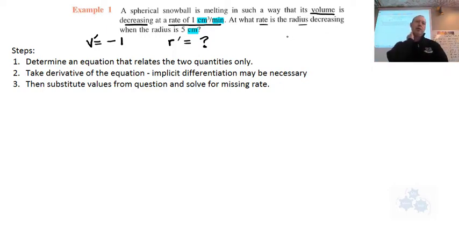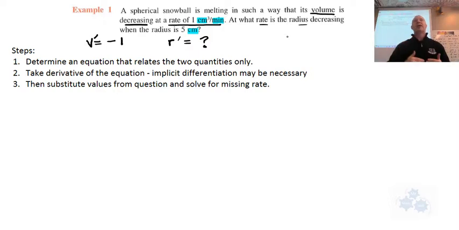Now, if the snowball was super huge like this, super huge and big, and the volume was decreasing at a rate, the radius would be decreasing at a rate. But as the snowball got smaller, you might be able to envision that the decrease in the radius might go either quicker or slower as the volume is different.